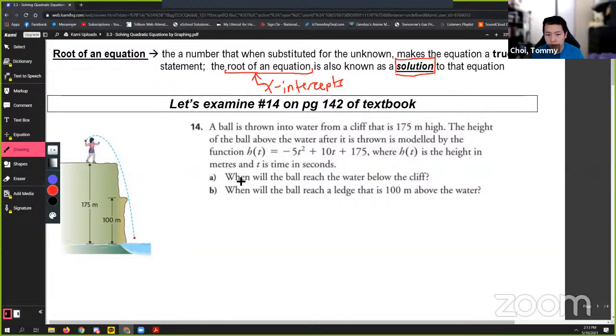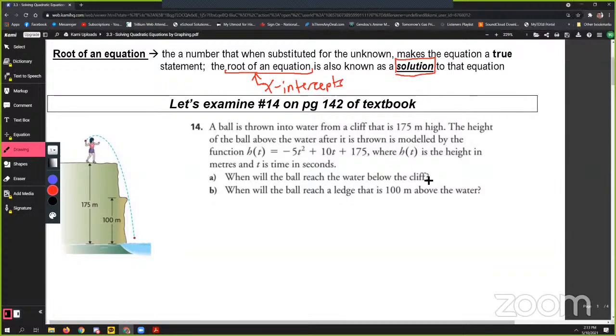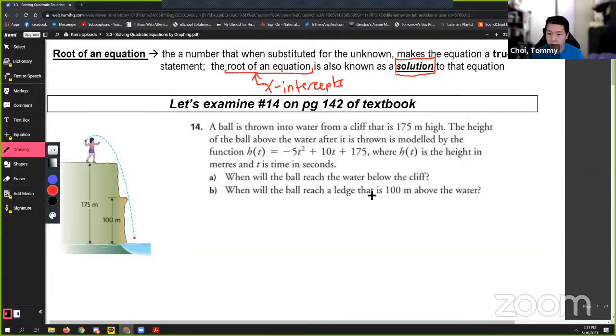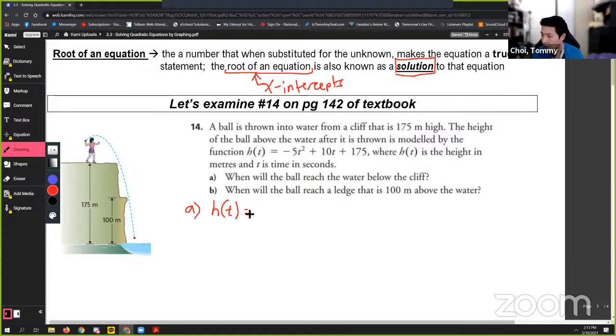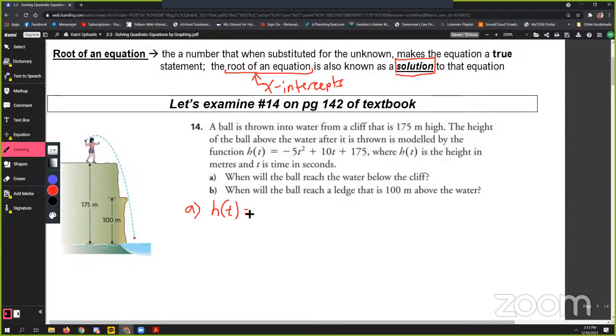So first off, when will the ball reach the water below the cliff? What is that asking for? The time? And what's the height when it hits the water? What is the height when the ball hits the water, if we were to visualize it? 0, right?